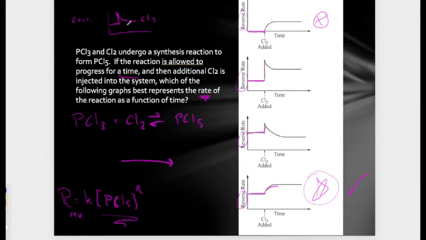But I should not expect to see a quick increase in the reverse rate of the reaction. The reverse rate is proportional to the concentration of PCl5 that I have, and the amount of PCl5 that I have is slowly going to climb as the system responds to slowly consume that excess Cl2, according to Le Chatelier's principle. So letter D, this last option, is the correct answer.